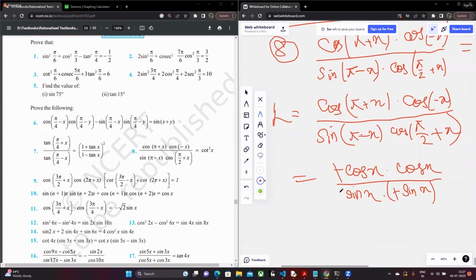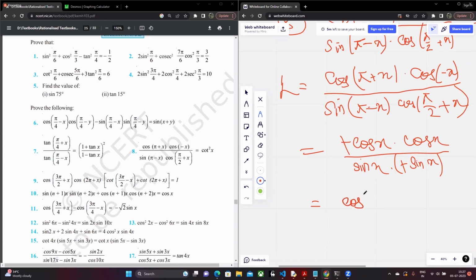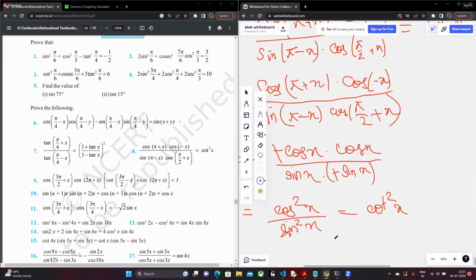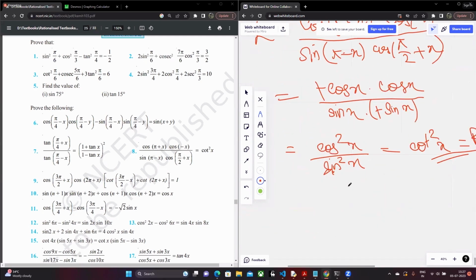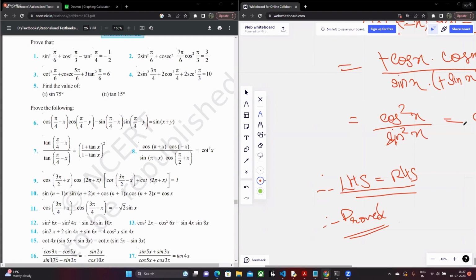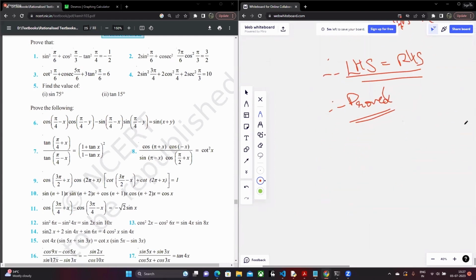Minus and minus cancel out. This is going to be equal to cos squared x divided by sin squared x. This is equal to cot squared x, which is the right hand side. Therefore, I've proved that the LHS is equal to the RHS. Therefore, I've proved the statement. That's question number 8.